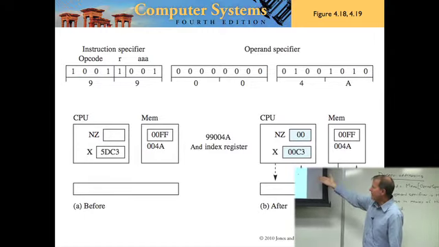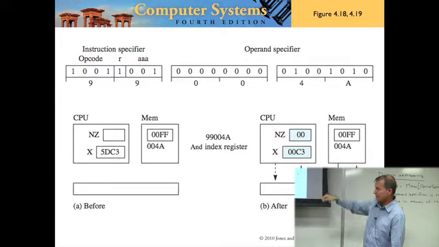Check out what we're ANDing. This is an interesting use of a mask. Look, what's at memory location 004A in the beginning? 00FF. So that's 0, 0, 0, 0, 0, 0, 0, 0, 1, 1, 1, 1, 1, 1, 1, 1. Now, when you AND 0 with anything, what do you get? 0. And when you AND 1 with anything, what do you get?